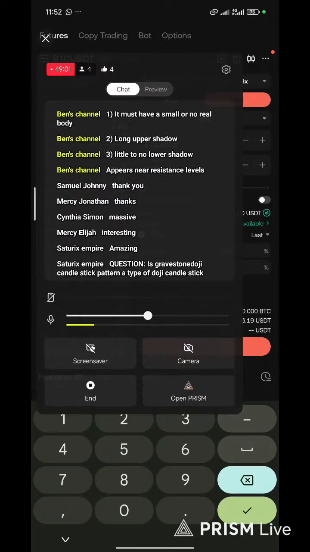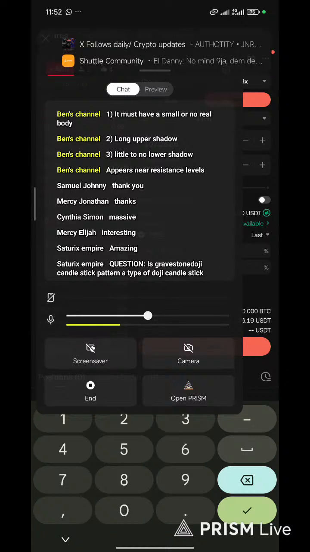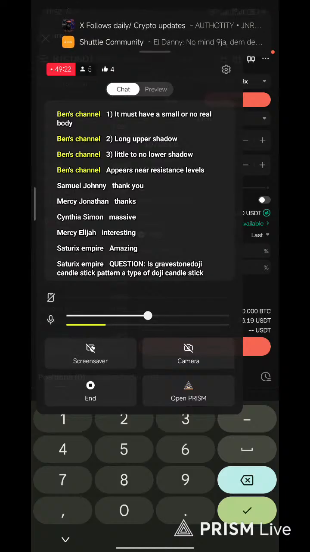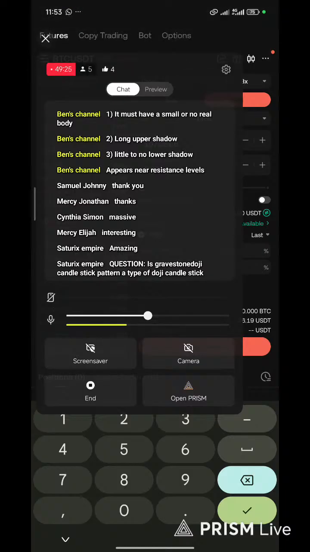Okay. Question: is the Gravestone Doji candlestick pattern a type of doji candlestick? Yes. The Gravestone Doji is a type of doji candlestick because a doji is a candlestick in which the market is at a decision level. You don't know if the market is going to move upward or downward.